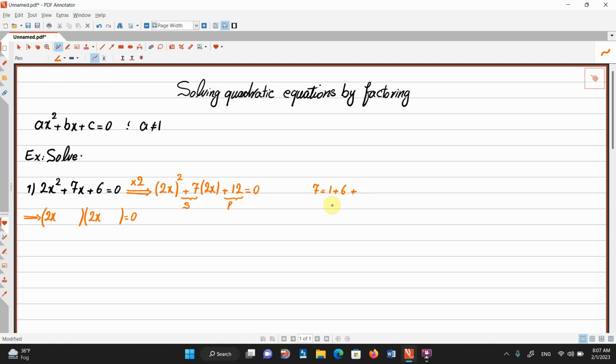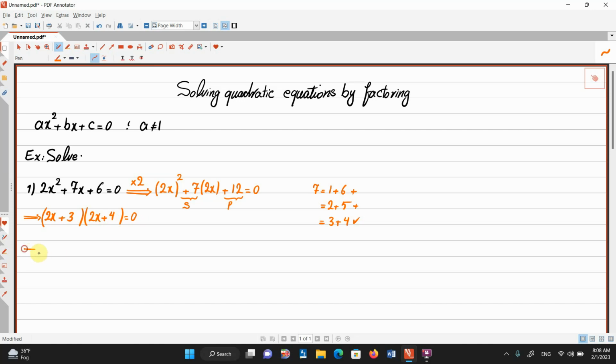This option doesn't work. The next option can be 2 plus 5. This doesn't work either. And the third option, 3 plus 4, this option works. Then here we can have plus 3 and plus 4.